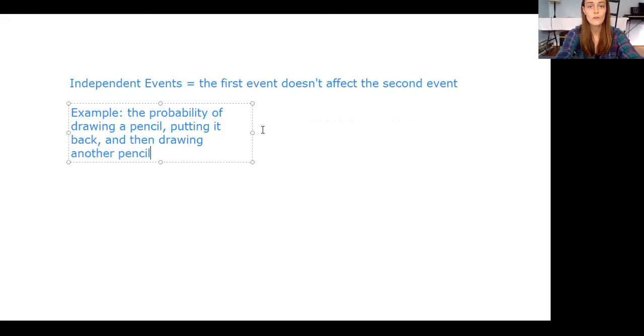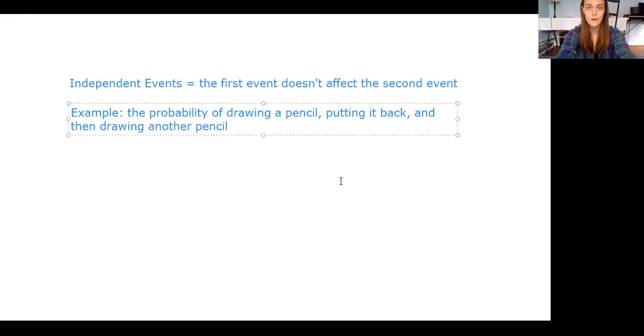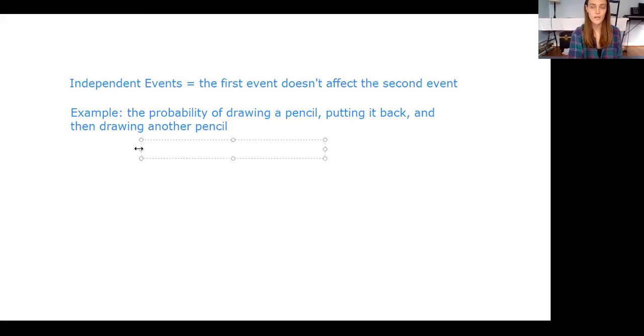The way that we would calculate this type of probability is, first off, the probability of me drawing a pencil from this jar was 4 out of 6, because there were 4 pencils out of 6 utensils total. When I hear "and then," that means I'm putting this pencil back in the jar.